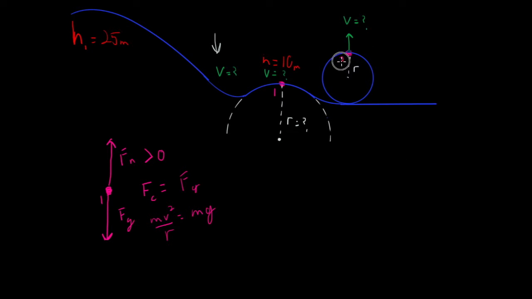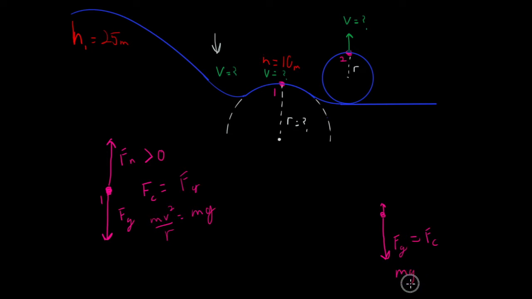At point number 2, I'm going to have force of gravity going down, and that will also be my centripetal force. But this time, if I'm not moving fast enough, then my force normal won't be there at all, and I'll just fall off the track. I'll fall straight down. And so in the same way, this must be my centripetal force.